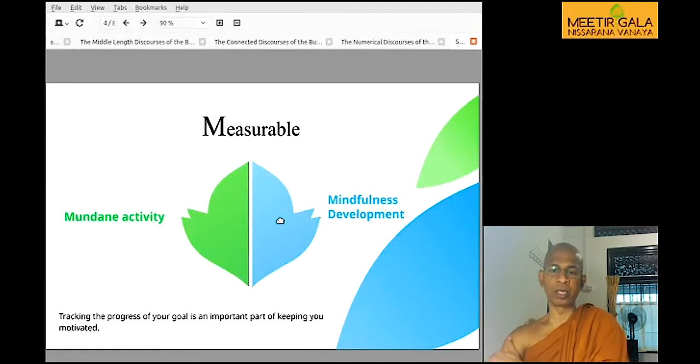It is important to understand it, because that actually motivates us. When we understand, okay, it is measurable, it is something that I can really feel, and I understand that because of my continuous attention and continuous effort, a significant growth has happened on the mindfulness side.